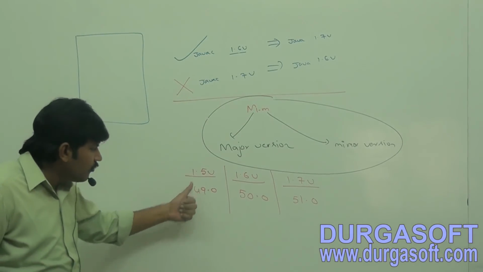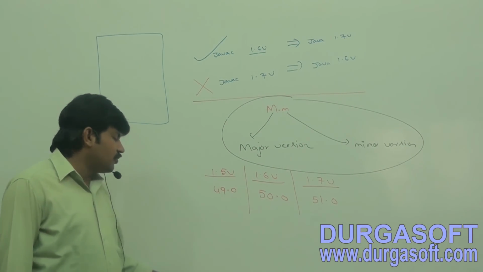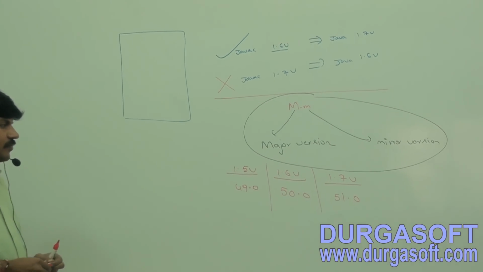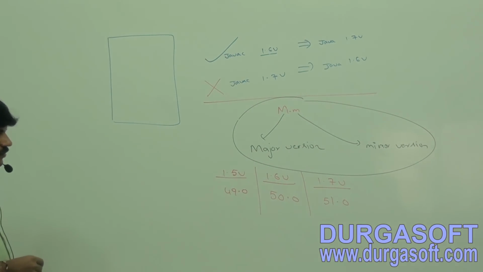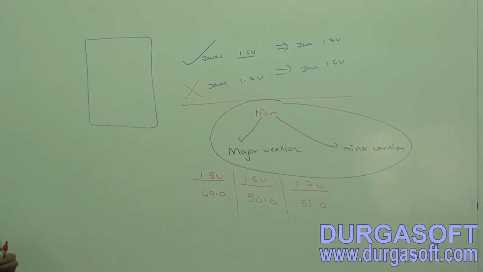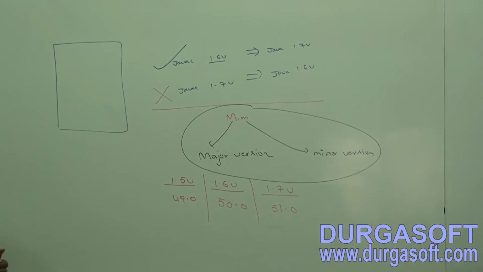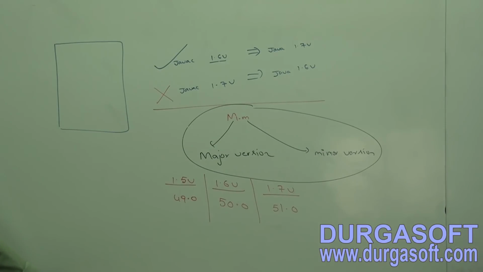Next, 1.5 version is 49.0, 1.6 version is 50.0, and 1.7 version is 51.0. Have you observed? Okay, take a note.